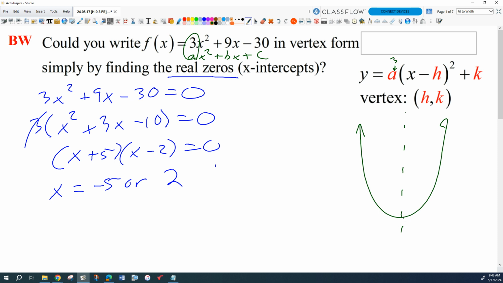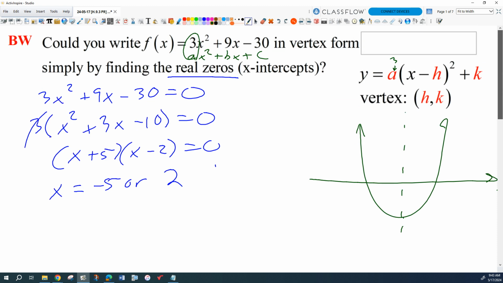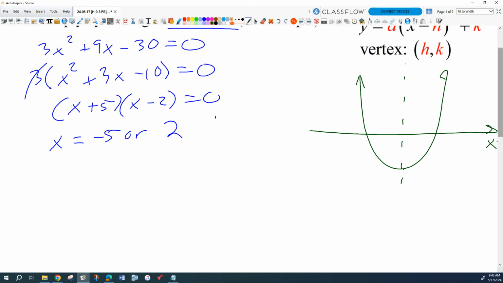So there are going to be points that have the same y values, like 0, right? If this is the x-axis, then I know that the x-intercepts have to be equidistant about that axis of symmetry, right?